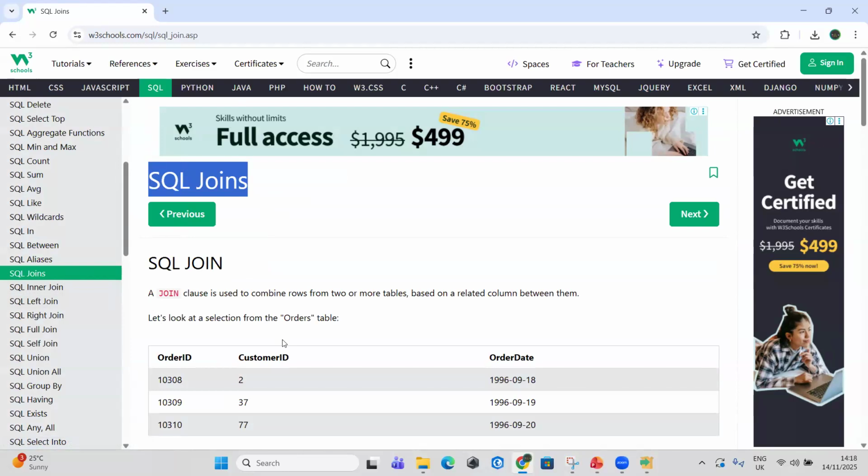So, join. For example, just try to understand, if you have two different tables. One table is about the customer's car: customer name, ID, and where he lives.